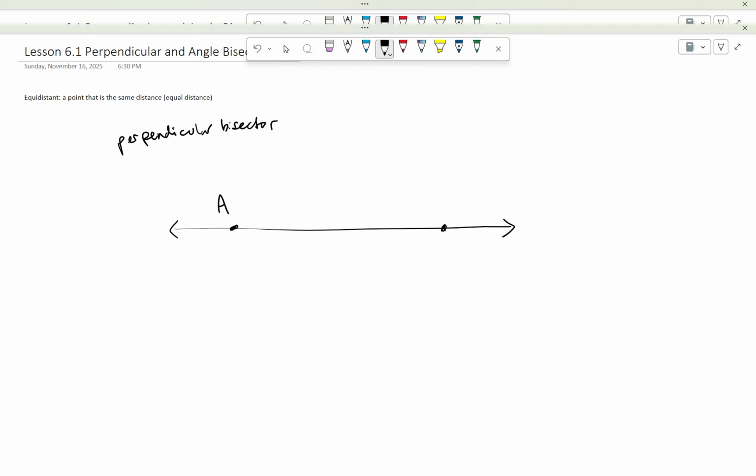So let's go ahead and name these points A and B. When writing out the perpendicular bisector, let's go ahead and just accomplish this perpendicular bisector and do this dashed line. Okay, this being perpendicular. Remember, when we did the construction, it means that this point right here is the midpoint.